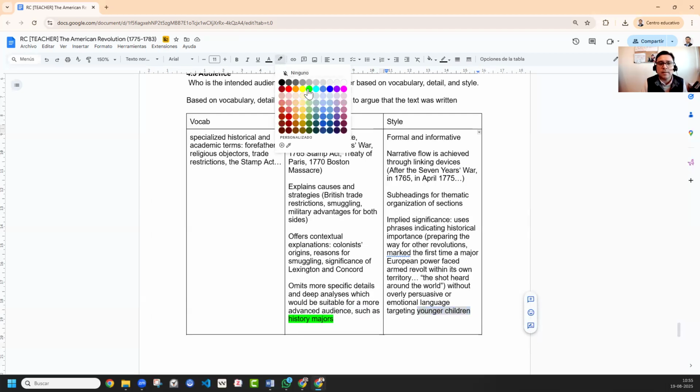Okay, so we could say that this is for high school students and general readers who want to seek information about this historical period.